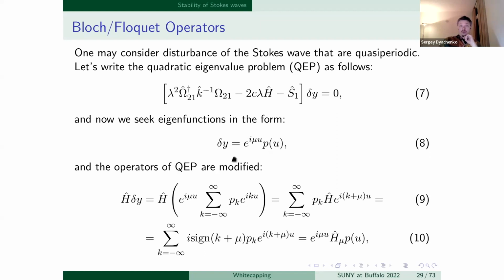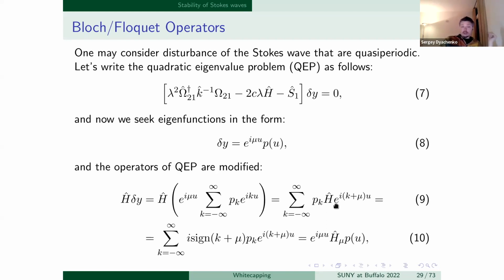And you can easily apply each and every operator appearing in this quadratic eigenvalue problem to such an eigenfunction. So, for example, for the Hilbert transform, this works as follows. You plug in for delta y e to the power i mu u times p. You write your p in terms of a Fourier series for a 2 pi periodic function. You throw this exponential under the sum and apply the Hilbert transform to each and every exponential that occurs in this sum.